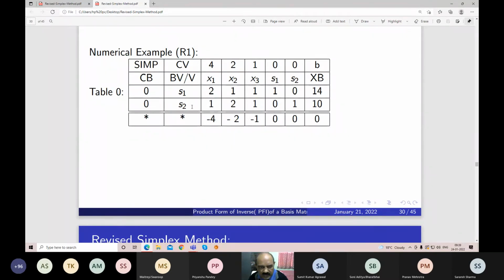Now this 2 by 3, minus 1 by 3 multiplies with 14 and 10.